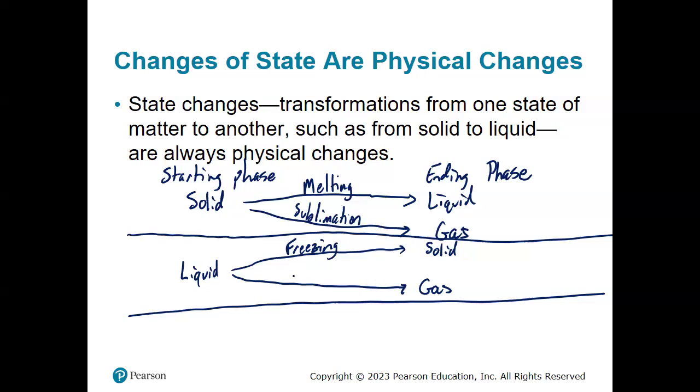And for liquid to gas, we generally call that boiling. Although there is a second term in here to describe non-boiling, evaporation is the conversion from liquid to gas at a non-boiling temperature.